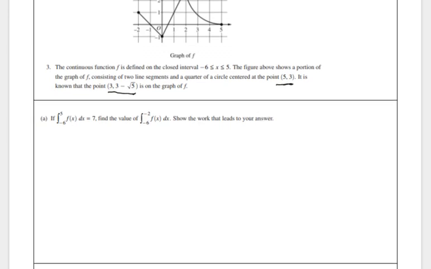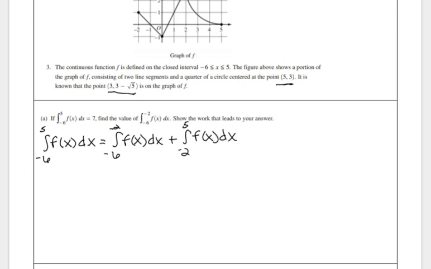So we're going to start by doing the integral from -6 to 5 of f of x dx, and we're going to say that that's equal to the integral from -6 to -2 of f of x dx plus the integral from -2 to 5 of f of x dx.